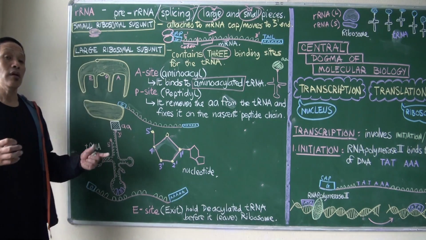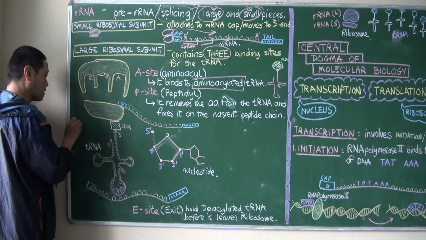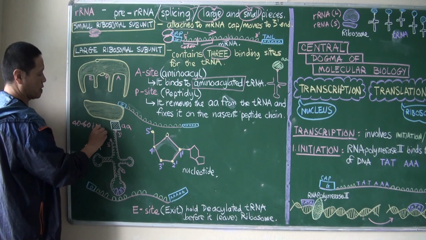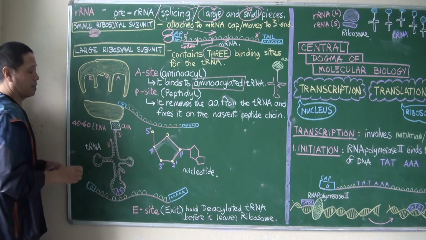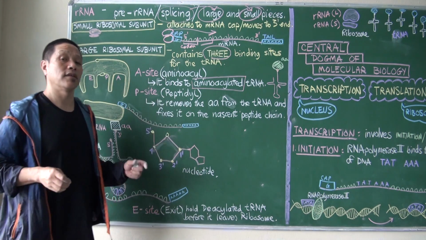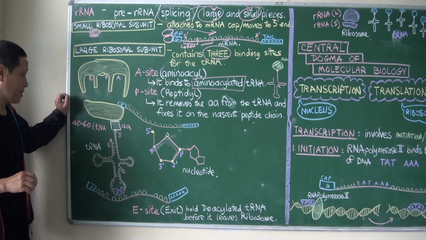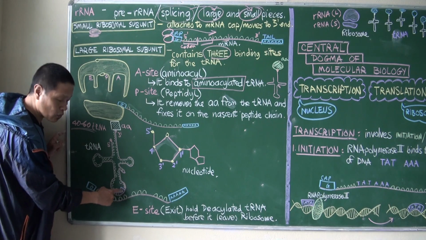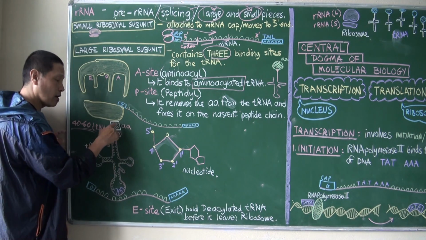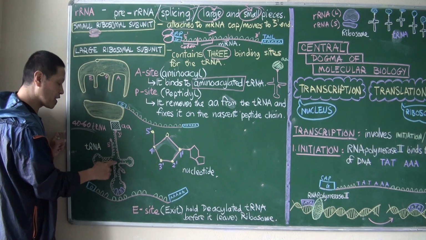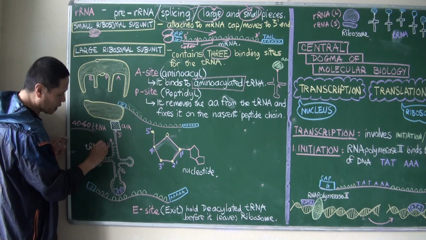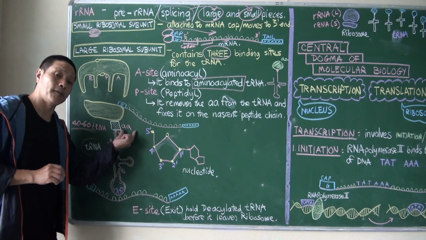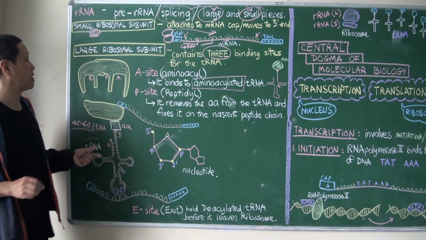So there are, let's just say, around 40 to 60 different types of tRNA just floating in the cytoplasm. There are 40 different types because of the codons here. Different types of codons, different types of amino acids attached to the tRNA. So the number of different types of tRNA with different types of amino acids is around 40 to 60.